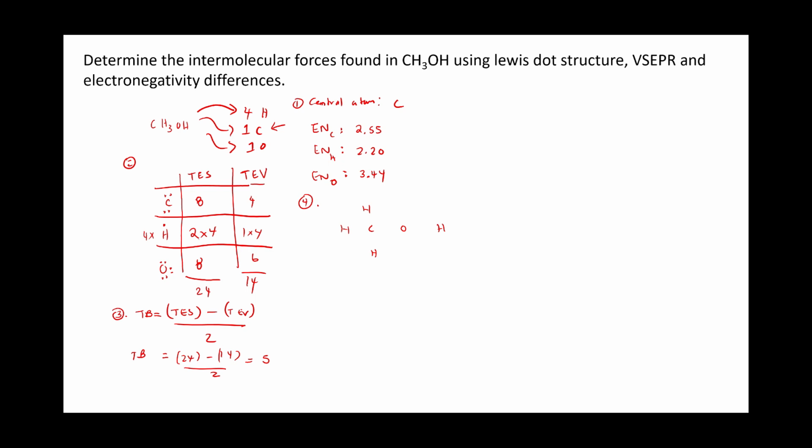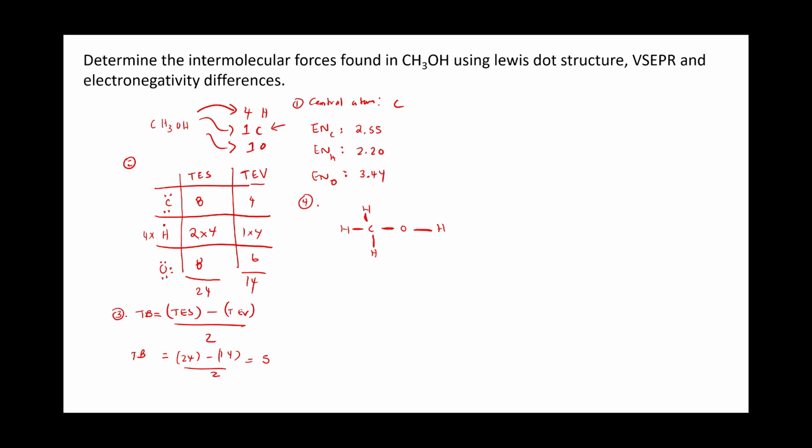It should have 2 bonds, right? And we can't form a double bond because we need 5 bonds. And if you think about the 5 bonds, this is probably the best bonding architecture, right? Each of these single bonds counts as 1. So it does take a little bit of trial and error, guys. But you can understand that carbon has to be tetravalent, that it has to have 4 bonds. Each hydrogen should be monovalent, it should have 1 bond, and the oxygen should be divalent, it should have 2 bonds.